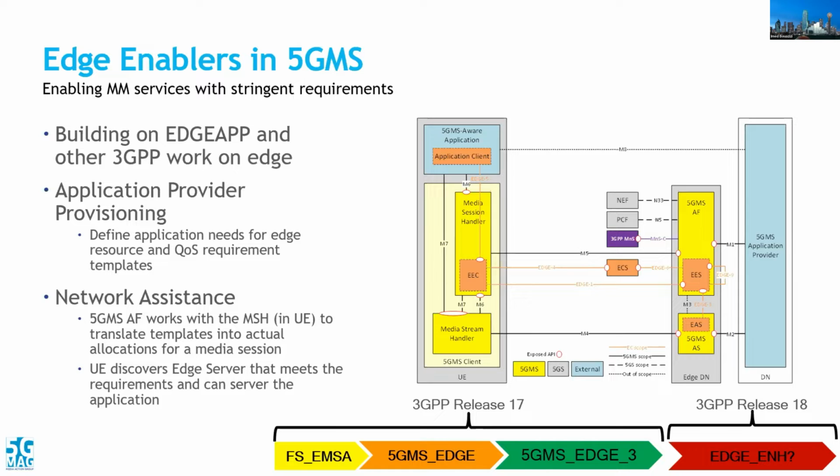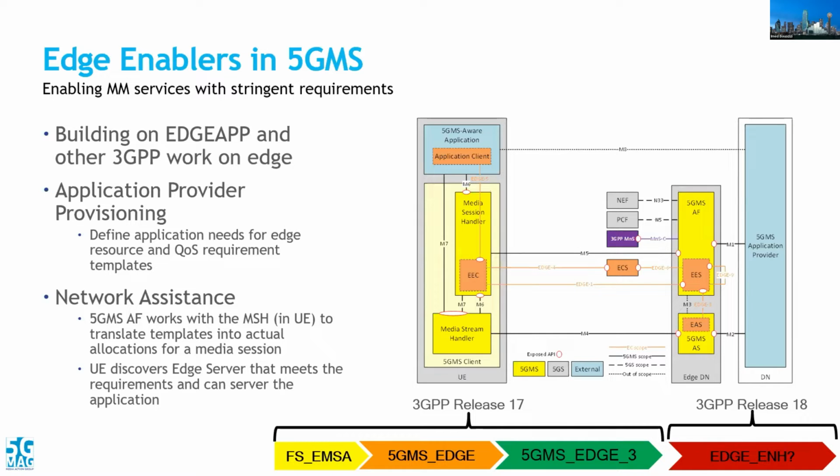What we really added in SA4 to the 5G-MS is the integration to the provisioning side, so basically extensions to the M1 interface through which the application provider can do provisioning. So it can, in addition to defining its quality of service templates and things like that, also define what Edge resources its sessions would require and which sessions are eligible for Edge resources.